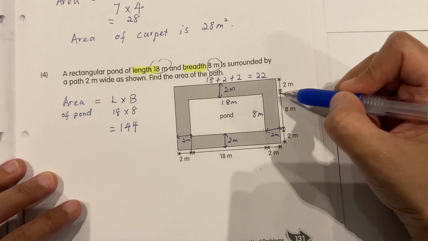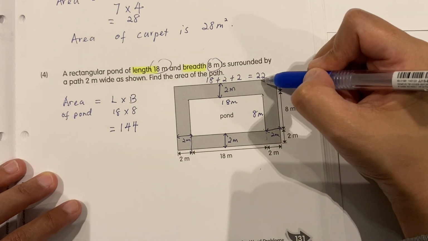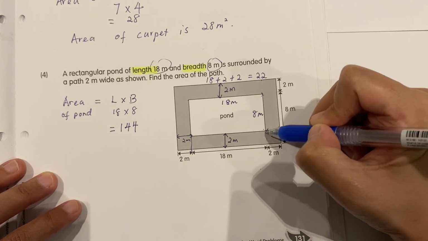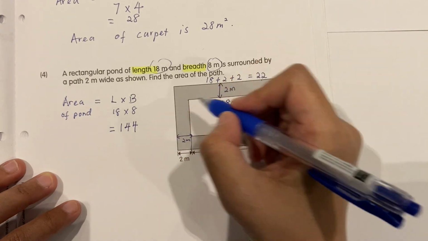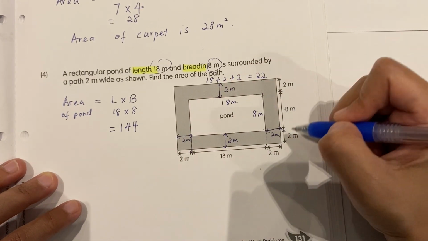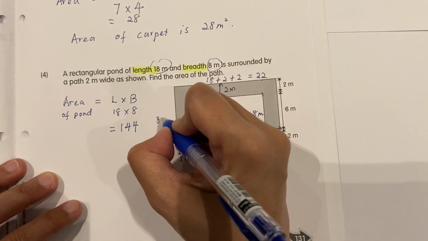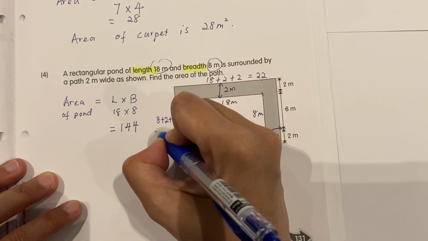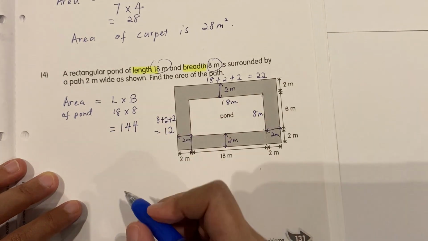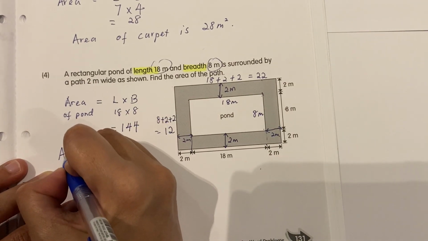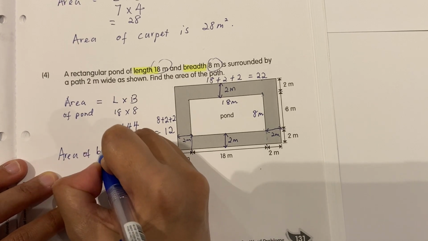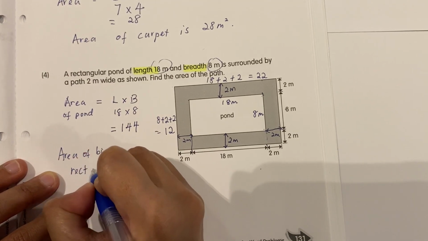And the breadth, this is 8, right? Remember, you have to plus 2 here, plus 2 there. So 8 plus 2 plus 2. The answer is 12. Okay, so now you know the area of the big rectangle.